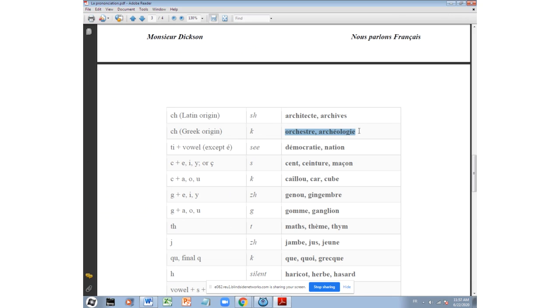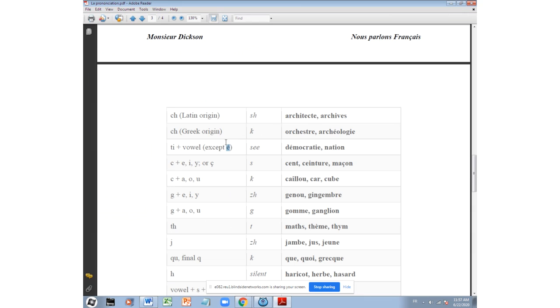Next, the TI plus a vowel. When we have the TI, as we spell them in French, TI plus a vowel, except that A with accent aigu, acute accent, the sound is S. So we say democracy, democracy, we say nation. In this case, allow me to say this.